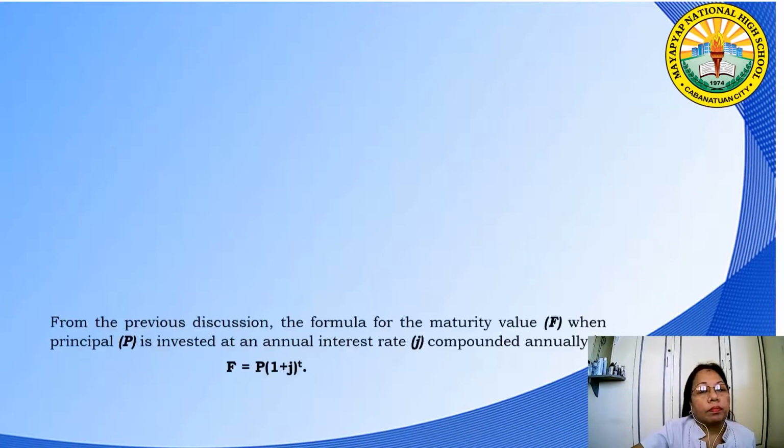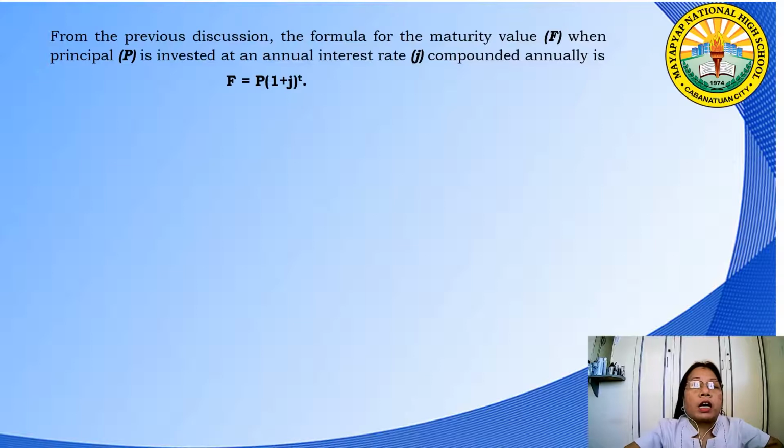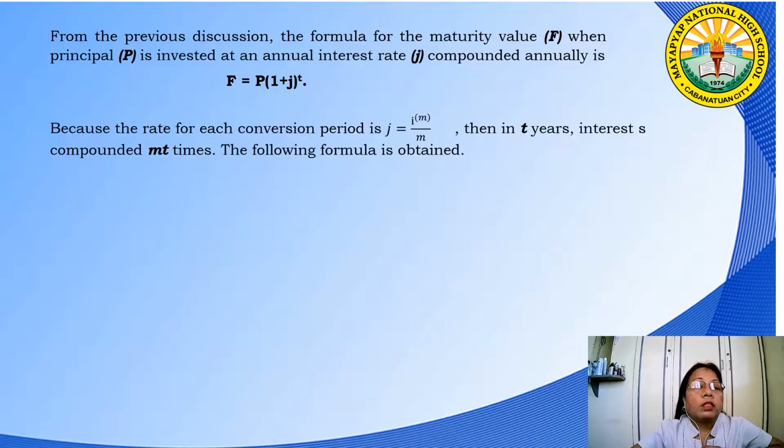From the previous discussion, the formula for the maturity value F when principal P is invested at an annual interest rate j compounded annually is F equals P times quantity 1 plus j raised to t. So because the rate for its conversion period is j equals i^(m) over m, and over t years interest is compounded mt times, the following formula is obtained.